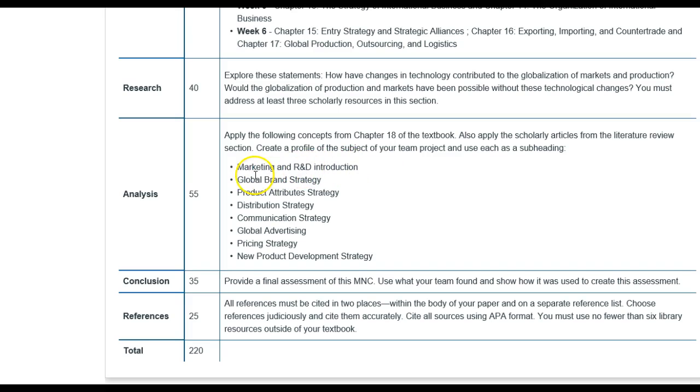Using these following subheadings: marketing, R&D, introduction. So tell us about the marketing and R&D for your company. Just introduce us to the topic. This shouldn't be more than a page, typically.